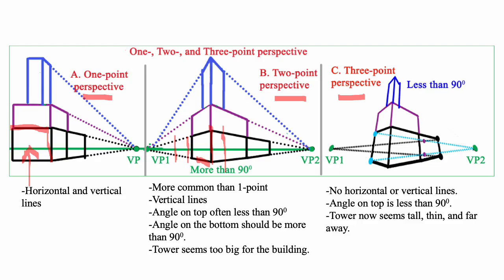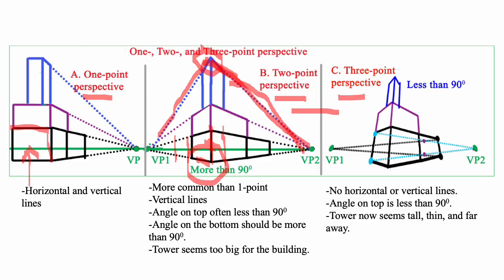In 2-point perspective, this angle has to be more than 90 degrees, and this angle up here can be anything. And as it gets taller, it gets more and more angular. That's a mistake I used to make as a beginner, not realizing how far angled down these converging lines were. But look how big and clumsy this tower seems on top of this building.